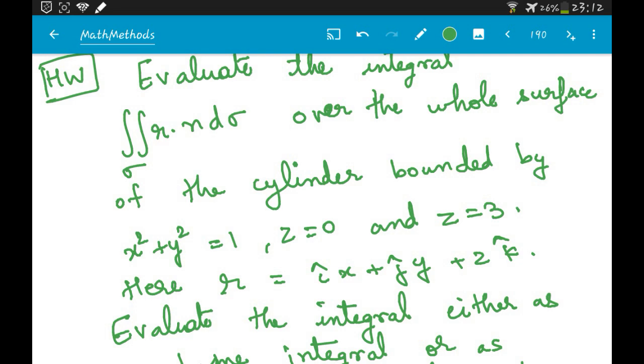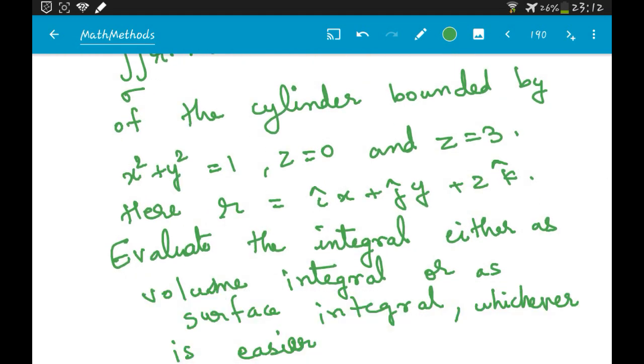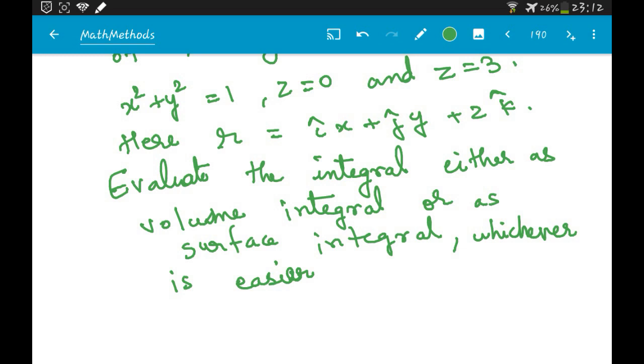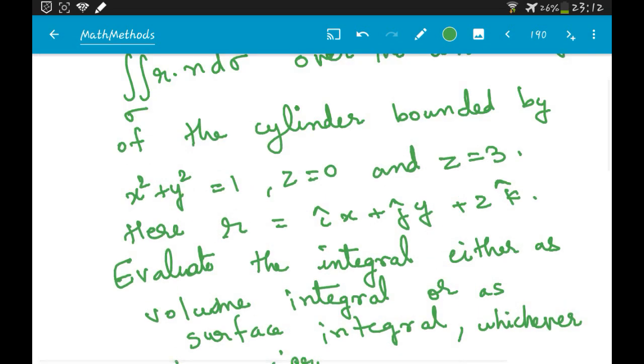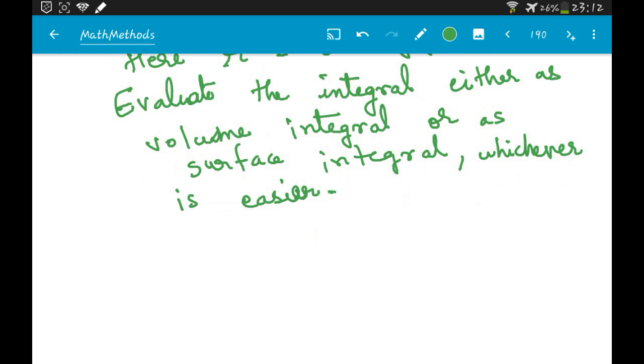So you can use the divergence theorem, because that will relate V dot n d sigma to the divergence of V. Then you can calculate your integral. So this integral is over the surface, and when you use the divergence theorem, the divergence of V will be over the whole volume. So you have to see which you have to use.